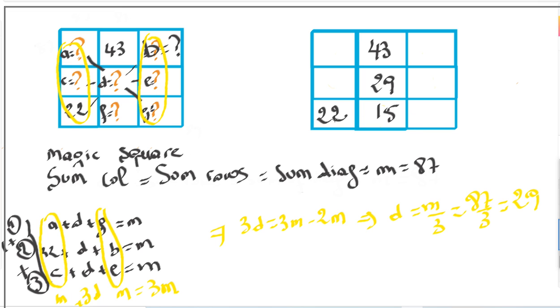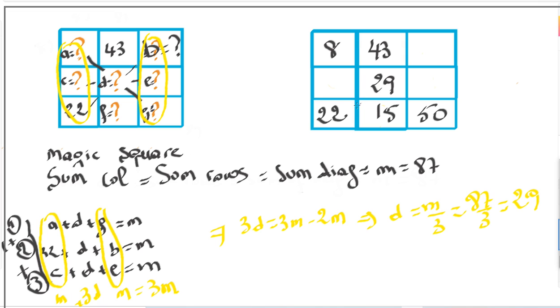87 minus 22, 65. 65 minus 15, 50. Okay, 15, 65, 87. And then this diagonal, 50 plus 29, that's 79 plus 8, 87.